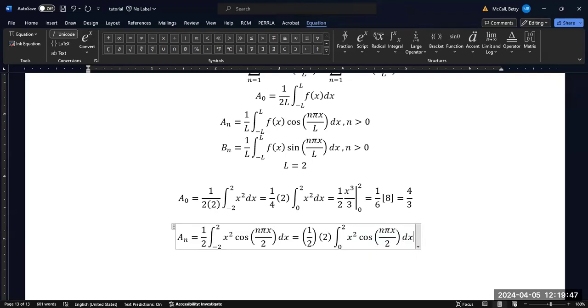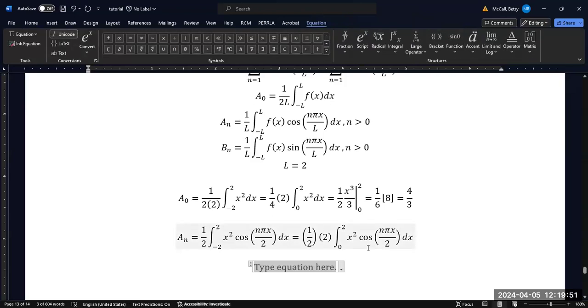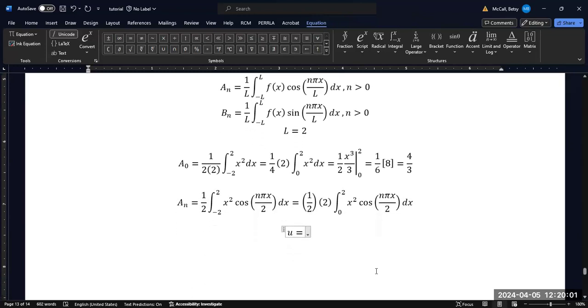Now, this is also going to be integration by parts. So if I apply my first step of integration by parts, I could do this by the tabular method, but it'll only require 2 goes, so I'll just do it out by hand. So u is x squared, and then dv is going to be cosine n pi x over 2 dx.